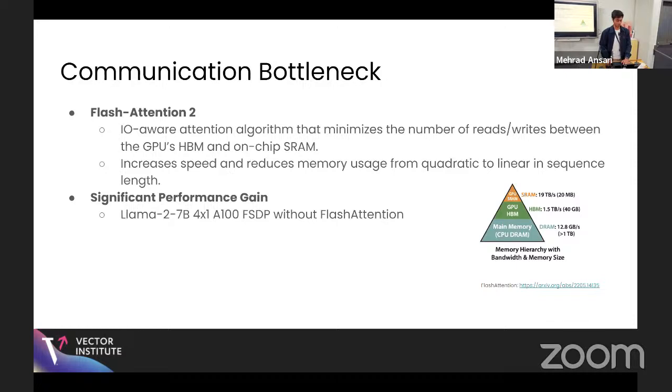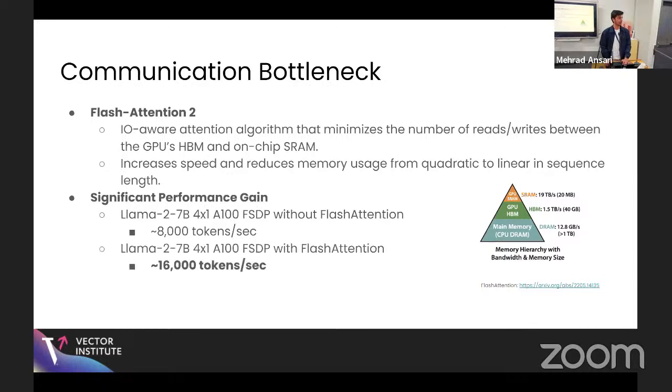Once we employed this, we saw a significant performance gain once again. Previously, without flash attention, we had 8,000 tokens per second. With flash attention, we doubled that throughput to 16,000 tokens per second. Training time is now under a day, down from just over 8 days.